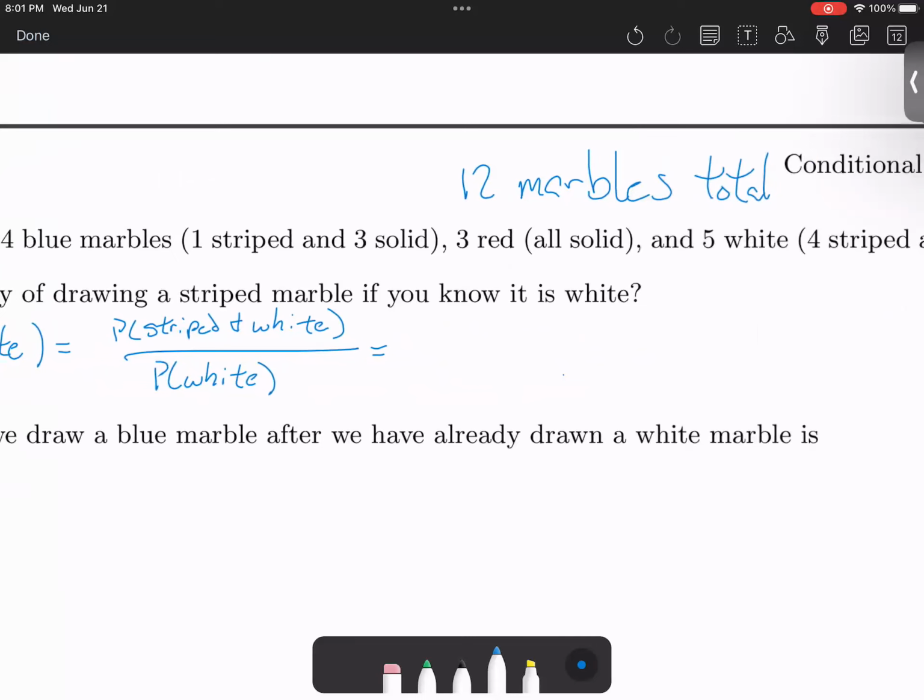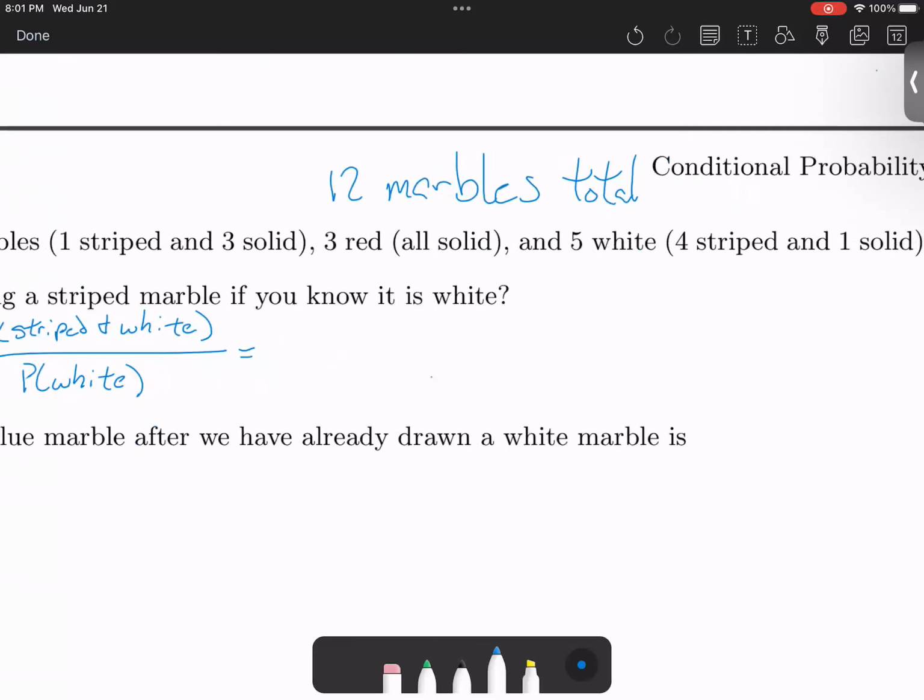Now, if we look at the breakdown of the marbles in the bag, how many striped and white marbles are there? 4. So the probability of pulling the 4 striped white marbles is 4/12.